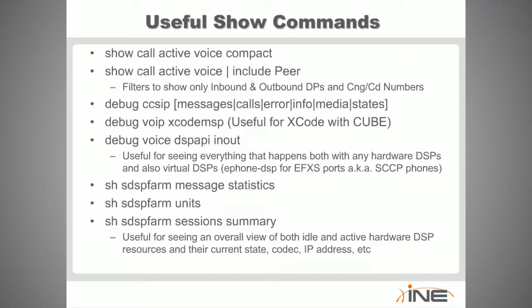We talked about that in Module 15 and how they are created. Show dspfarm message statistics, show dspfarm units, and show dspfarm session summary is really useful for seeing an overview of both the idle and active hardware DSPs, not the electronic virtual ones, just the hardware, and their current state, codec, IP address, etc.